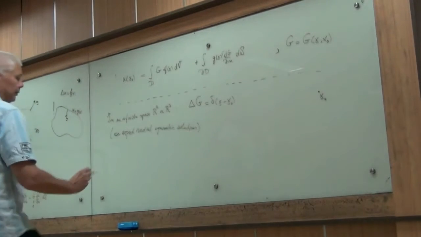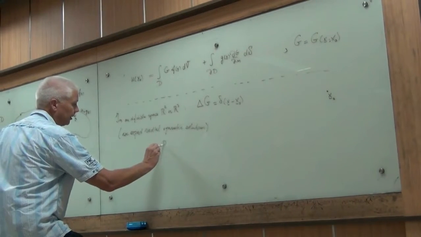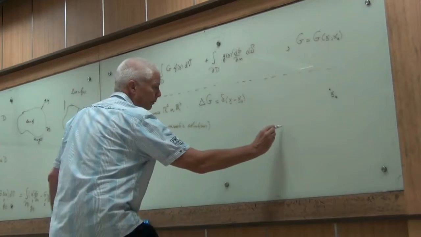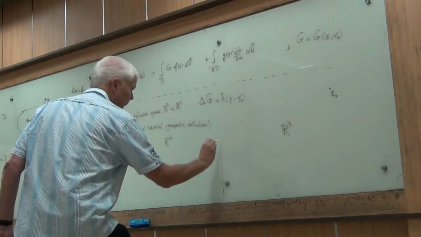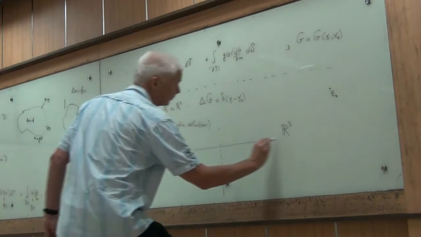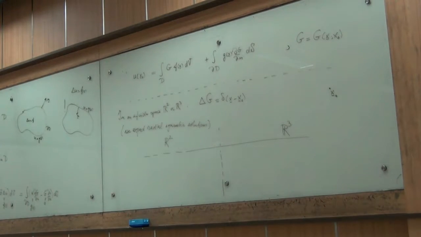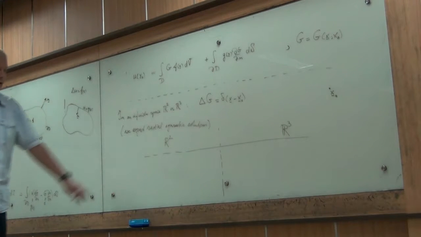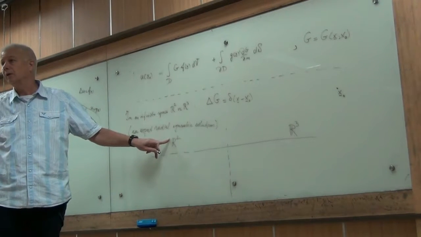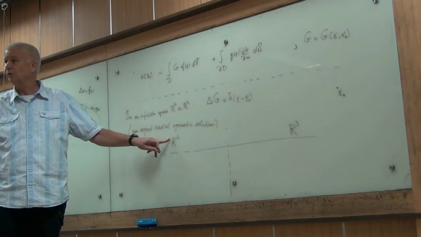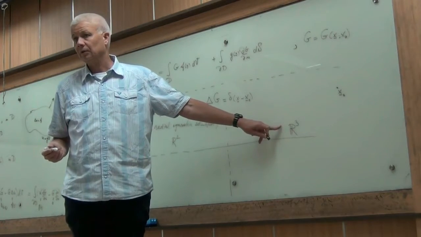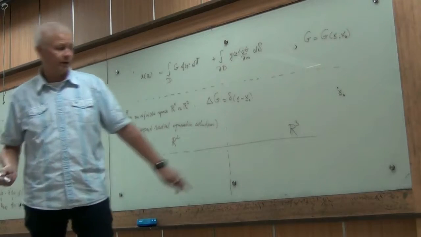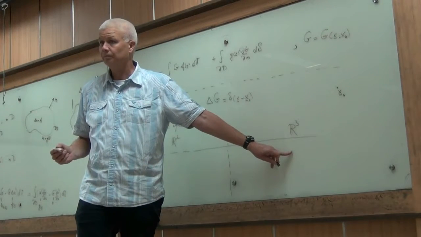So what I'm going to do is consider here R2, and here R3. My Green's function in R2, if I introduce for instance polar coordinates, will only depend on r. If I introduce over here spherical coordinates, rho, theta and phi, I only expect that my solution will depend on rho.